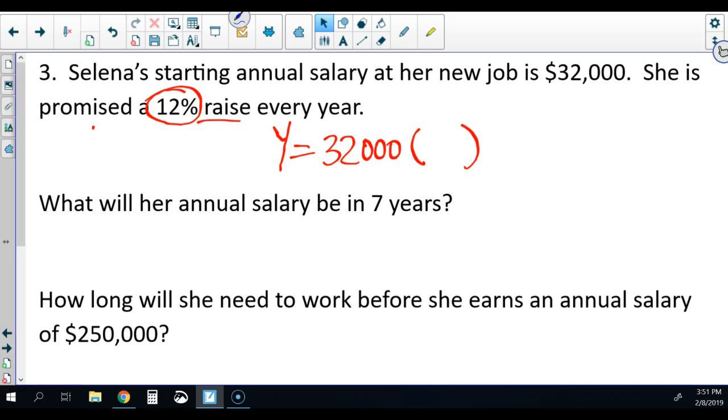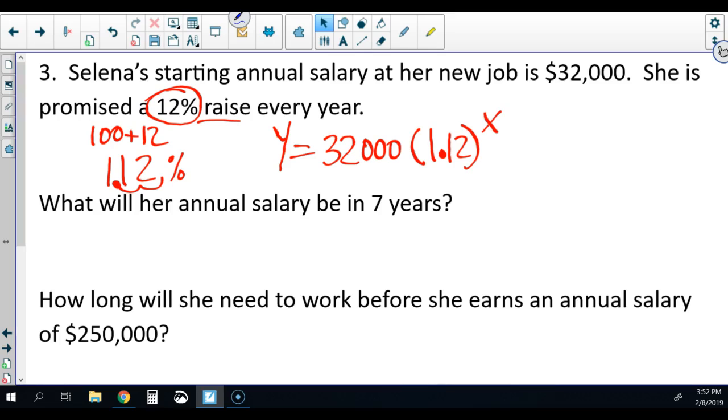We get a raise here, so we need to add to 100. That gives me 112%. Convert that to a decimal, we get 1.12. So that's the multiplier that you would multiply her old salary with to get her next year's salary, to the power of x. So that is the equation that will give you the graph.